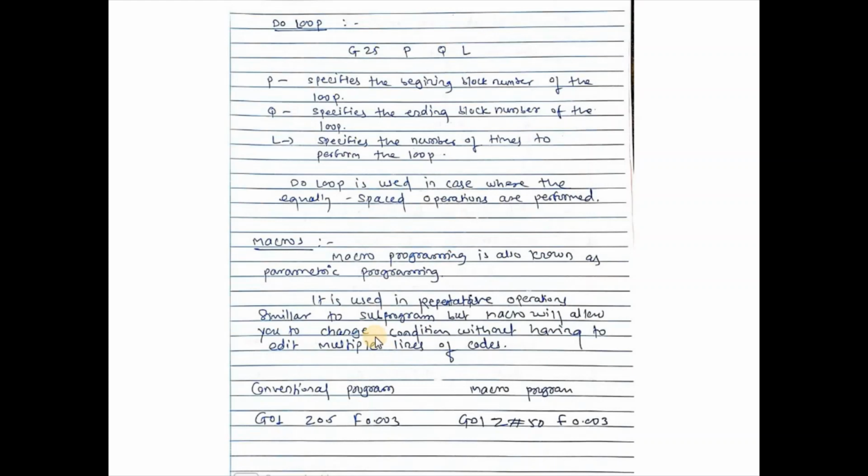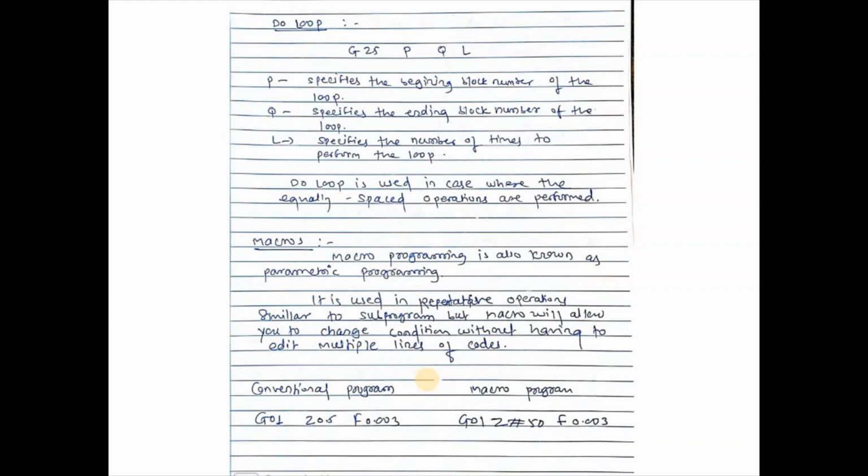Next, macro means a programming also known as parametric programming, and it is basically used for repetitive operations, similar to a subprogram, but a macro allows you to change the condition without having to edit multiple lines of code. In a subprogram, if I want to change my part program after the completion of the first program, I have to make some changes in that programming.